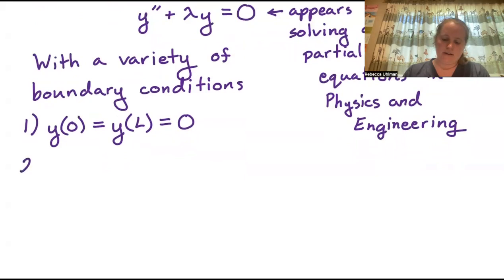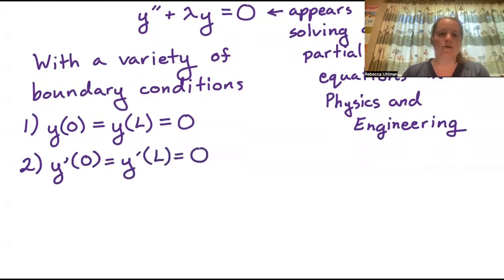Our second case would be y prime of 0 is equal to y prime of l, again both equal to 0.